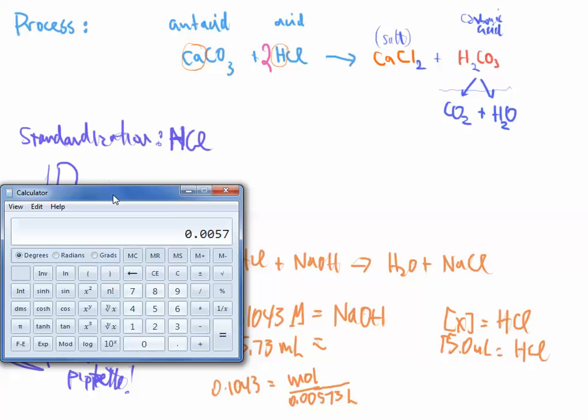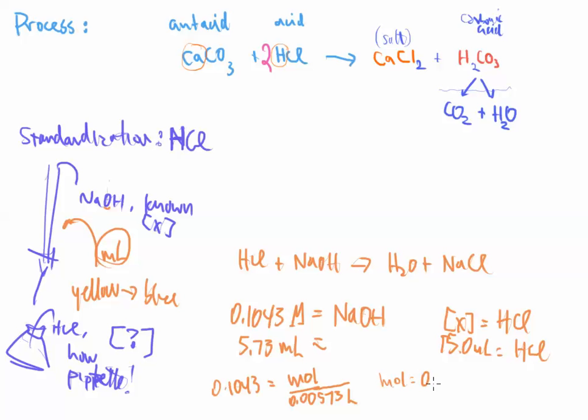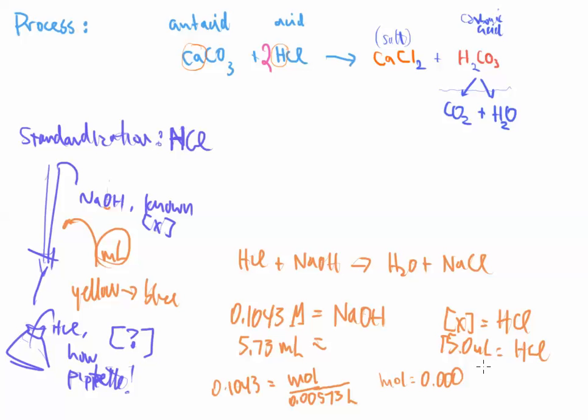0.00573 times 0.1043 equals. So I get 0.0005976. All right, so moles, 0.0005976 of NaOH.